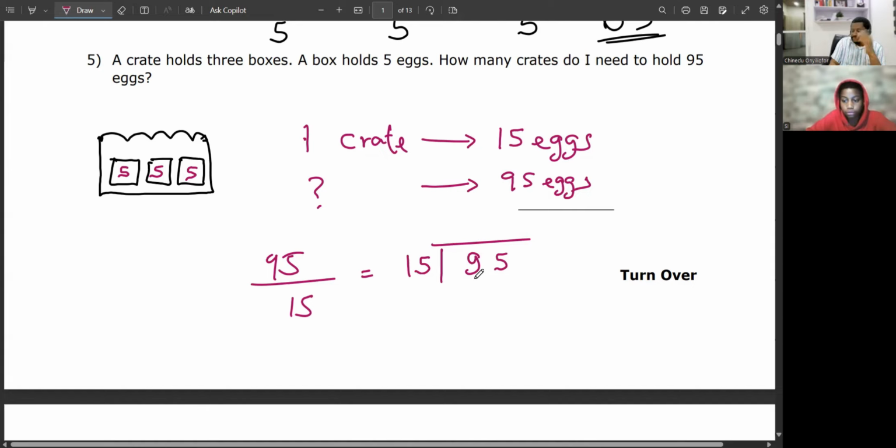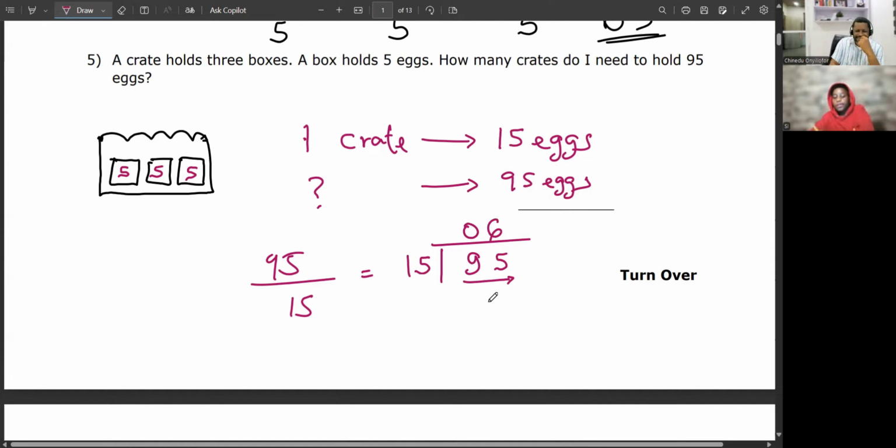Can 15 go in 9? No, so put a 0 here. Here's the next number. How many 15 can go in 95 now? Six.